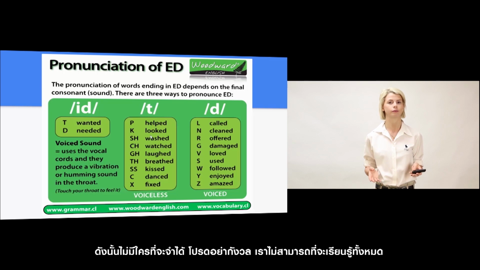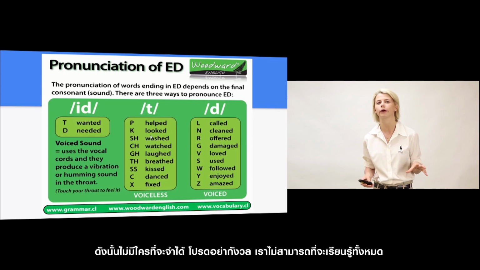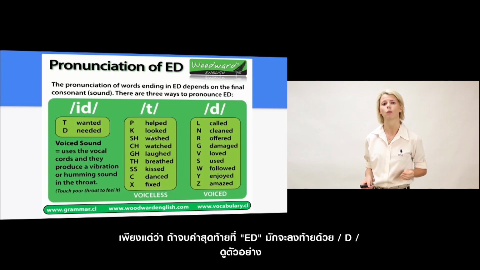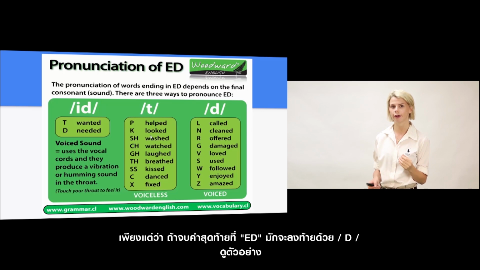That's impossible. So nobody thinks that you should know them. So please don't worry like I must study and learn all of this. You cannot. But if your verb ends in one of these sounds, the ED will make a simple D sound.